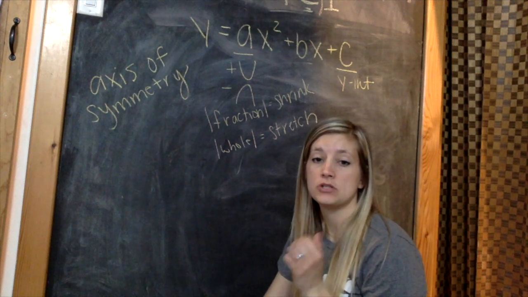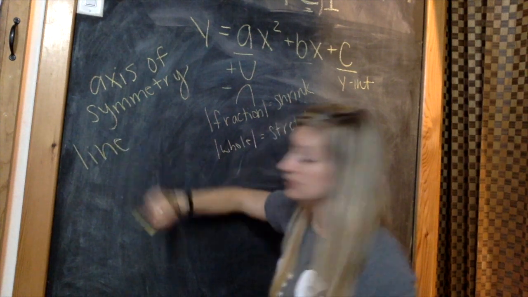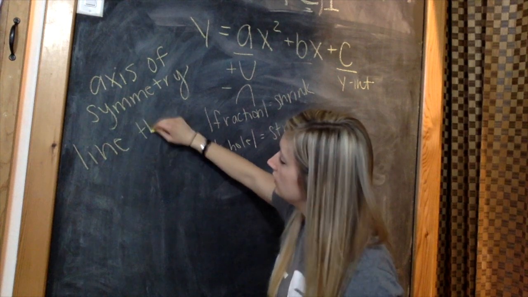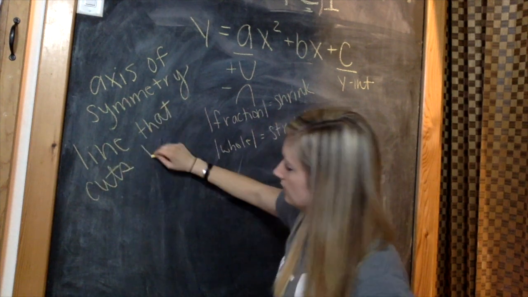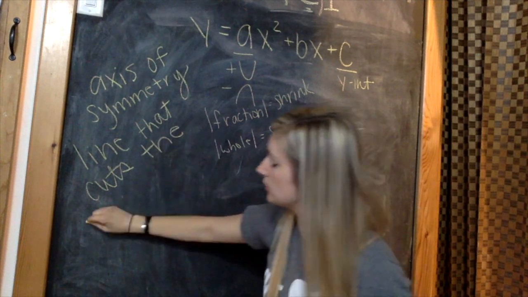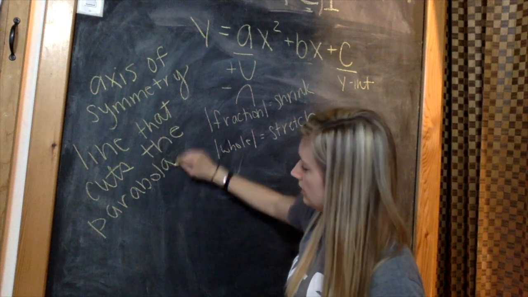Okay, axis of symmetry is the line that cuts the parabola in half.